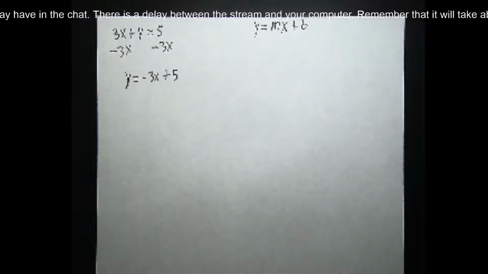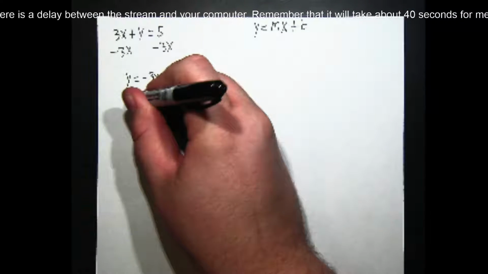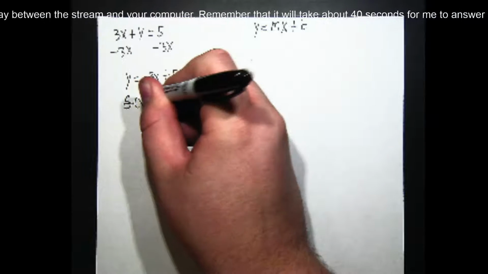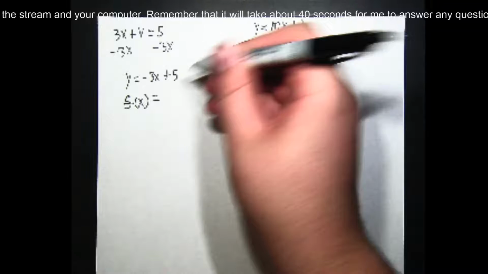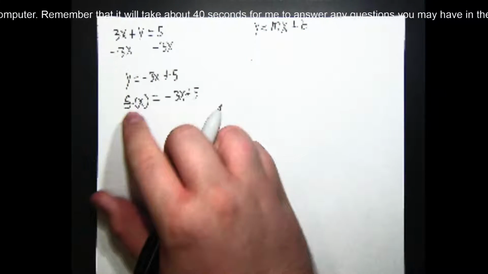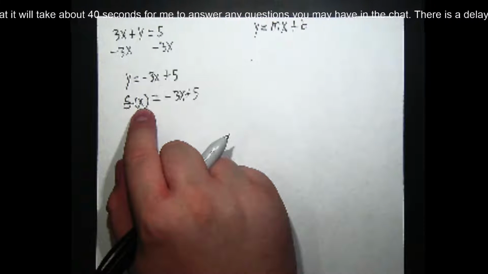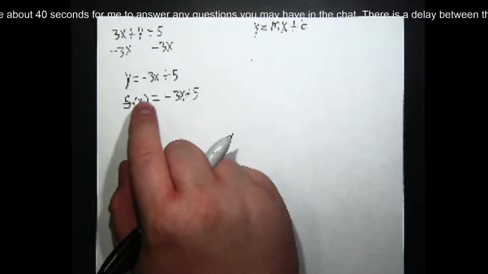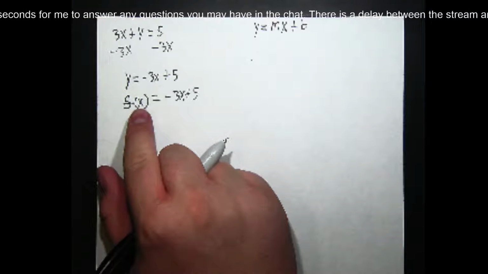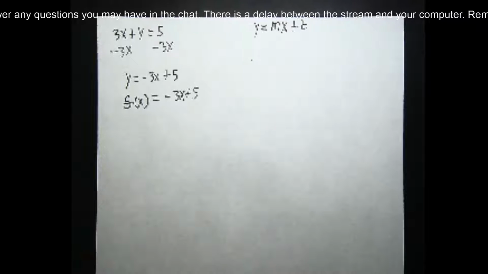Okay, now one more thing, to change this into an actual function, we need to give it a name. So I'll give it the name f of x equals negative 3x plus 5. F is the name, and x is what f is dependent upon. So what this means is as we change x, the value of f is going to change.